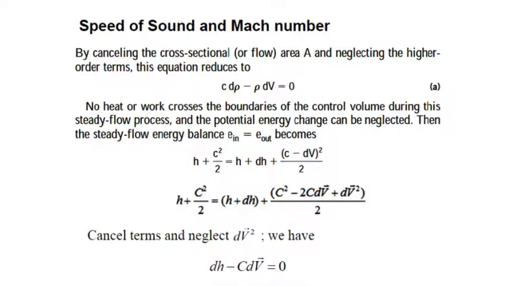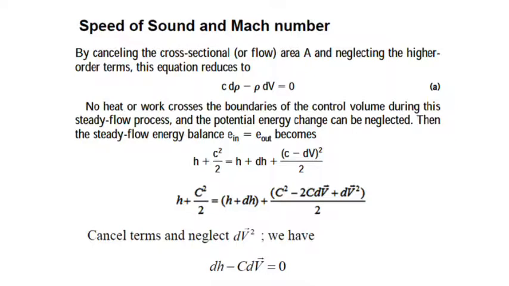Here, no heat or work crosses the boundaries of the control volume during the steady flow process, and the potential energy changes can be neglected. So, your steady flow energy balance will be E in is equal to E out. So, your equation becomes h plus C square by 2 is equal to (h plus dh) plus (C minus dV) square by 2.